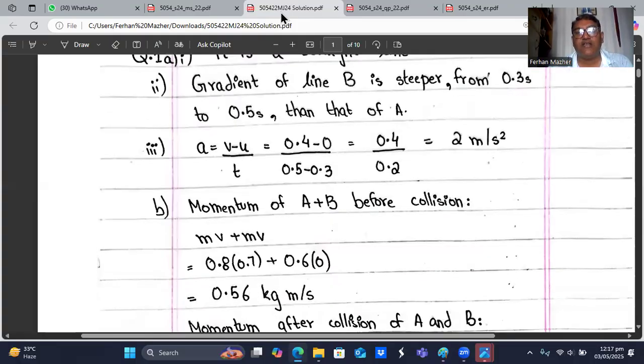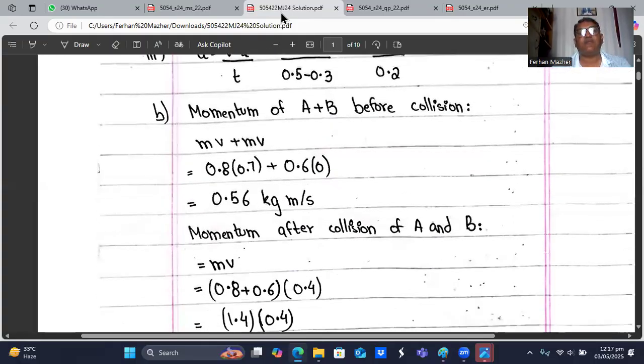Before the collision, that is the mass of A multiplied by the velocity of A before collision plus the mass of B multiplied by the velocity of B. The velocity of B before the collision is 0. So we will have 0.8 multiplied by 0.7 plus 0.6 multiplied by 0, so that will be 0.56 kg meter per second.